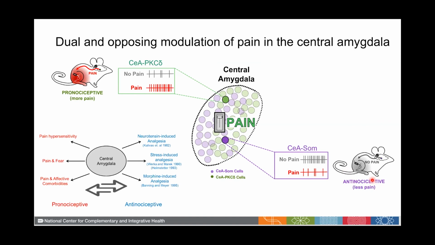And this was really exciting because, as I told you, when I started in the field, I've always been puzzled about these two functions of the CEA, and we feel that we were able to demonstrate that both of those are modulated in the CEA, and we further provided a mechanism by which this is occurring.